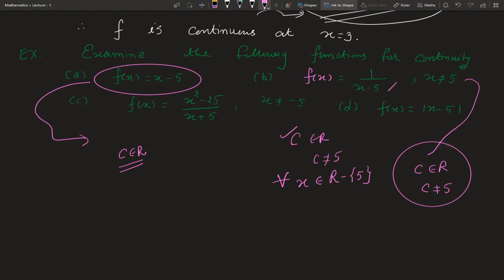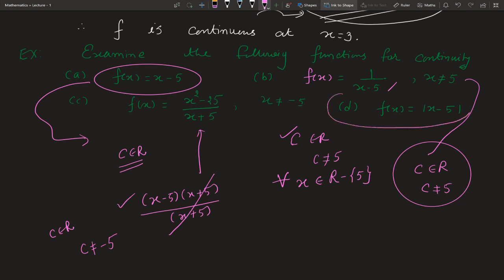In the third one, the numerator can be factorized as x minus 5, x plus 5. On simplifying, the remaining will be x minus 5. So that can be checked easily. Continuity one can check easily by taking arbitrary point c belongs to R and c not equal to minus 5.